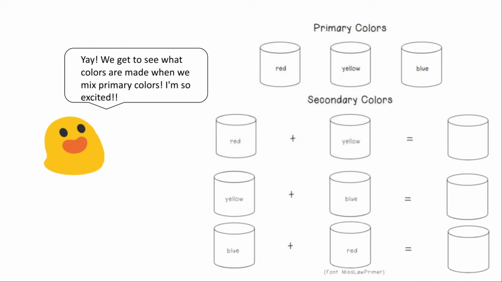So what I want you to do is I want you to color in the buckets with the correct color, like the red color in the red and the yellow color in the yellow, and then the equal sign, the blank bucket on the right side of the equal sign, I want you to color in what color you believe red and yellow make, because it's 1 plus 1 equals 2. So we have 2 primary colors equals 1 secondary color.